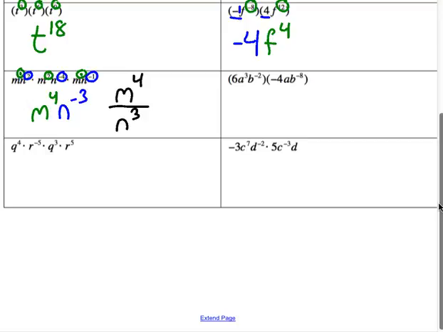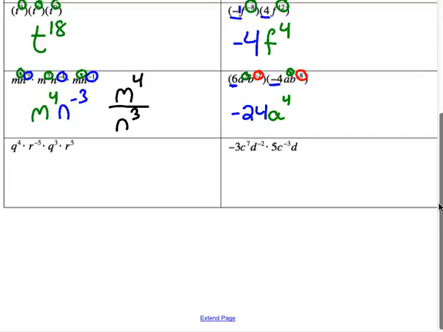Our next one. Once again, just multiply any normal numbers you have. So 6 times negative 4 is a negative 24. Now here, I have a to the 3 times a to the first. 3 plus 1 gives me 4. B to the negative 2, b to the 8.